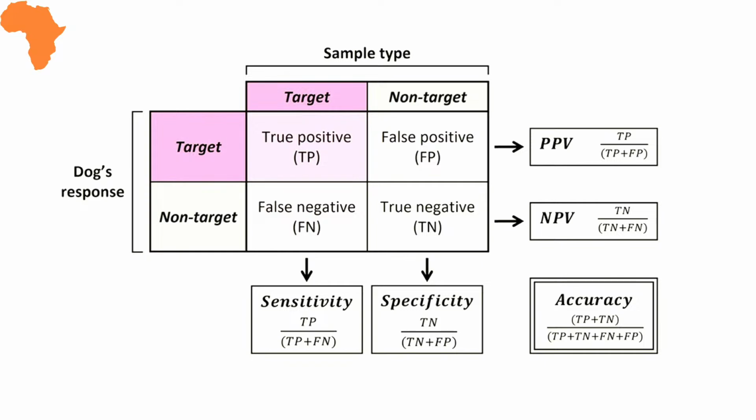If I have a positive test, please follow my thought. If I have a positive test, how likely am I to actually have the disease? If I have a negative test, how likely am I not to have it?